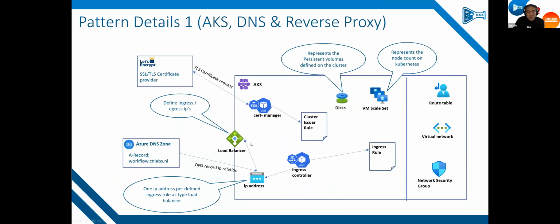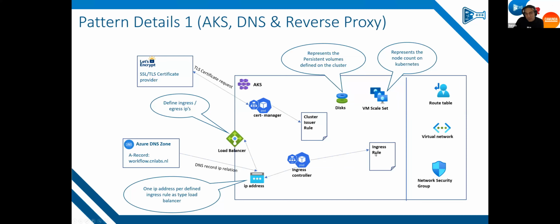So to go a little bit more in depth, this is a zoom in of the AKS part. We have here the TLS certificate enrollment, which is the cert manager part. You define a definition of it, it reads it, and it distributes requests for a Let's Encrypt TLS certificate. The same thing goes for ingress.